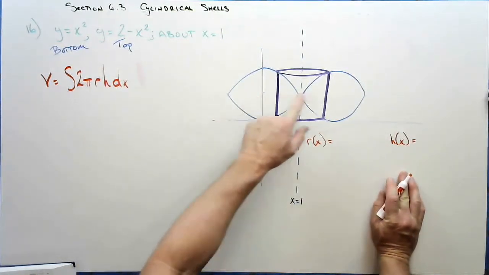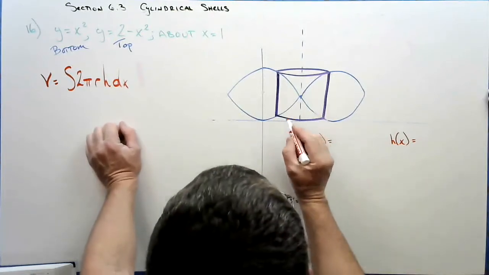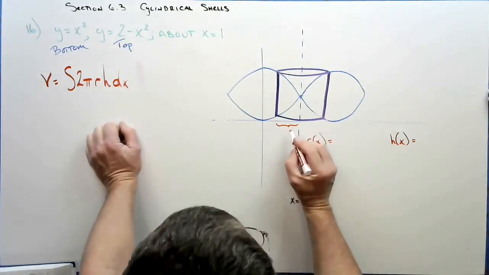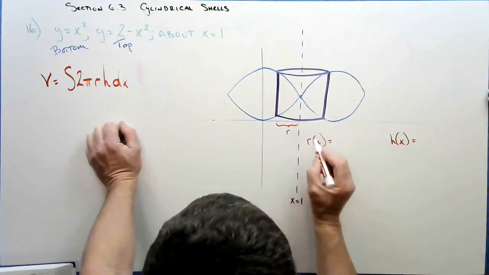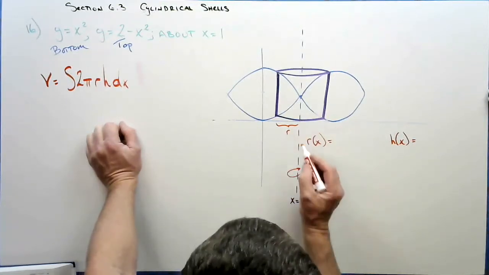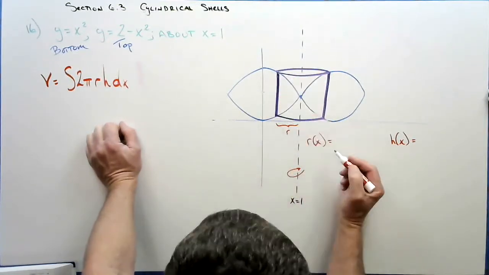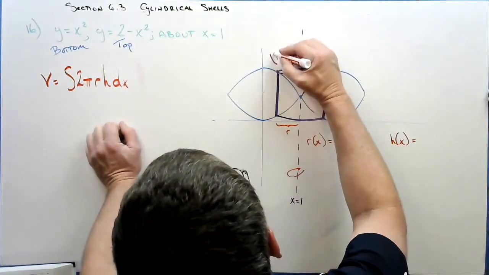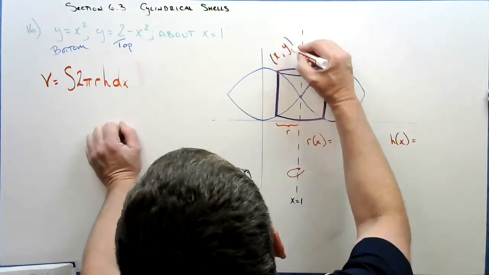Now remember, this is our original shape, this is our reflection. So our radius is right here. This is our radius. It goes from the axis of rotation, remember we're rotating around here, to our slice. That's our radius. Now we have the same question that we always ask. What are the coordinates of this point? Well, that's x, y.